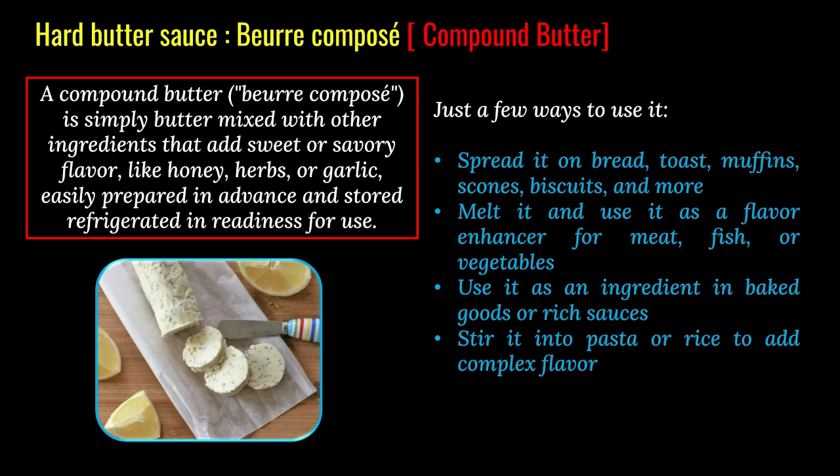Boil pasta, add this compound butter, mix it well, and naturally you get a different kind of flavor. There is a delicacy of serving the food in that way. The same can be done with steaming hot rice and some compound butter, mix it well, you get a complex flavor and you can enjoy the food in a different way. So these are the ways this hot butter sauce, beurre composé, can be utilized.